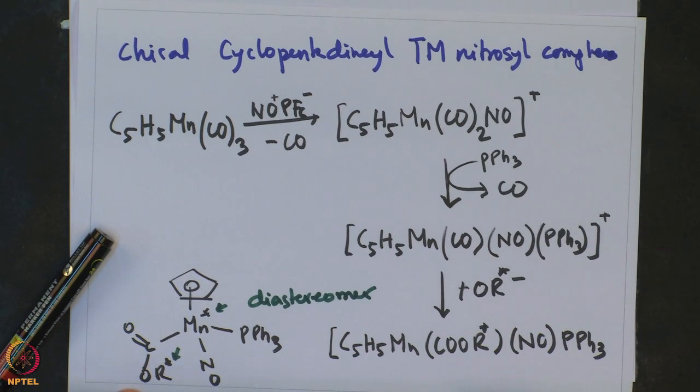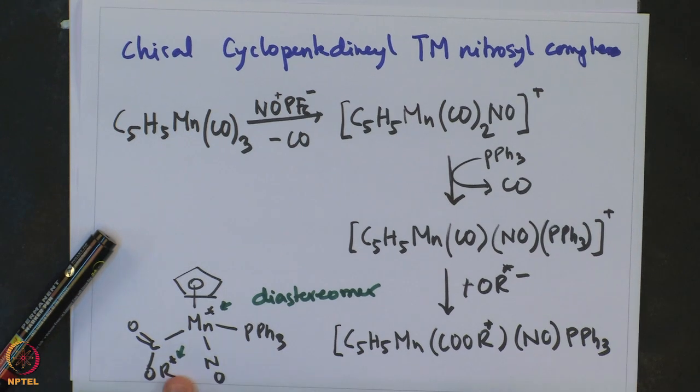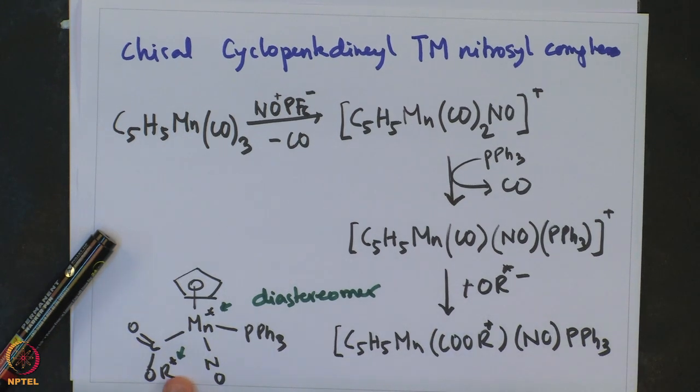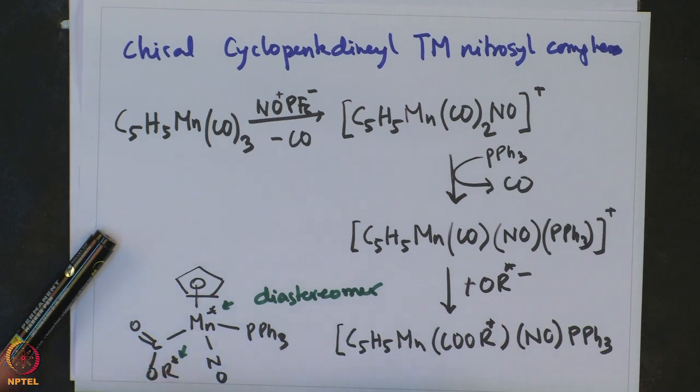This is a diastereomer because of two chiral centers and can be separated using the enhanced solubility of one particular diastereomer over the other, resulting in isolation of the chiral compound.